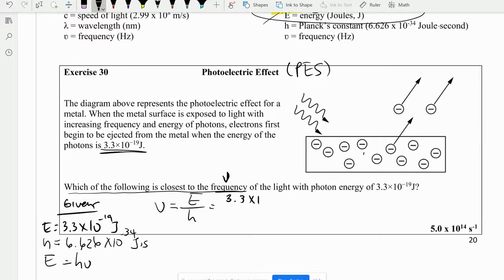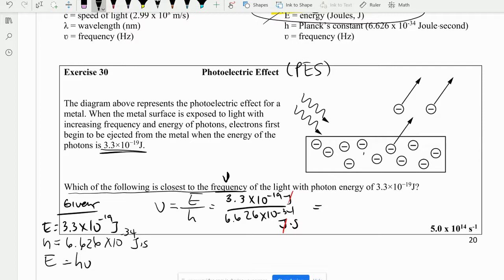So plug and chug. Okay, so what units cancel? Looks like we're going to have joules that cancel. And that's great because frequency should be in s to the minus 1, or 1 over s.